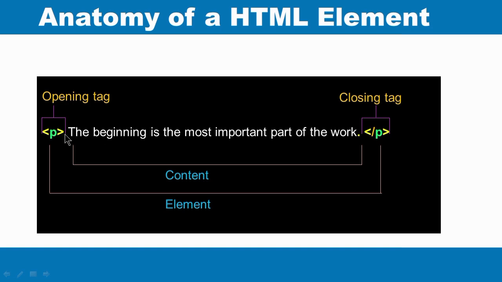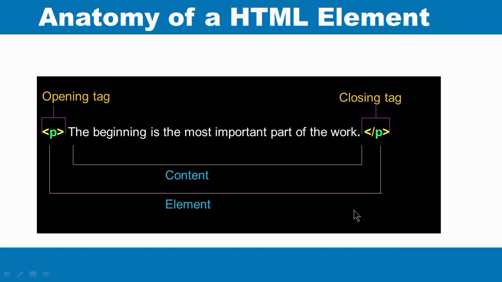And the content between the paragraph tags, from the end of the opening tag to the start of the closing tag, is what is called the content. So this area here is referred to as the content, while the element is everything from the opening tag all the way to the closing tag.